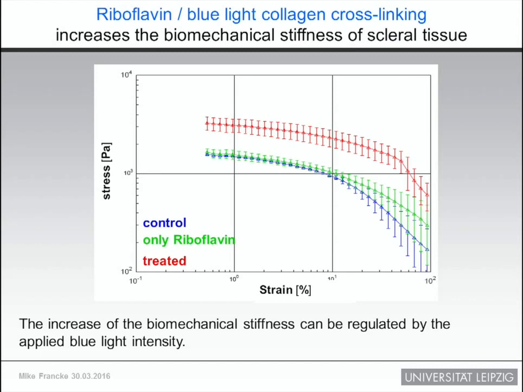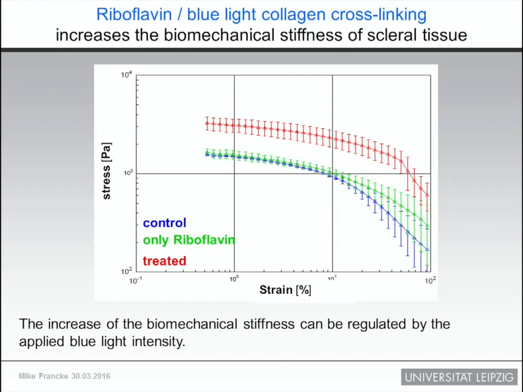We have here the stress, that means the force to stress the scleral tissue, and that is the strain, that means the dimension of stretch. We see the control, and the riboflavin-only treatment is very similar. And we see here that for the treated one, after scleral cross-linking, you need more force to stretch the scleral tissue. That means it is really stiffer.